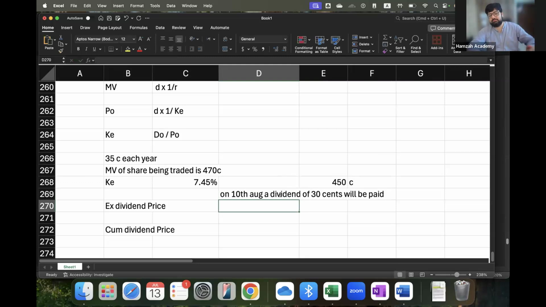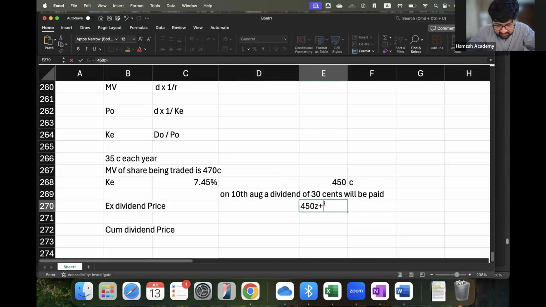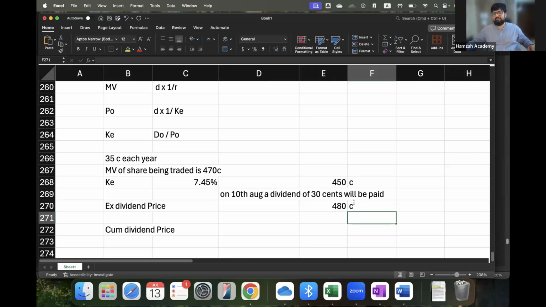So the price will instantly increase in the market and it will become 450 plus 30, 480 cents. This will be the price.